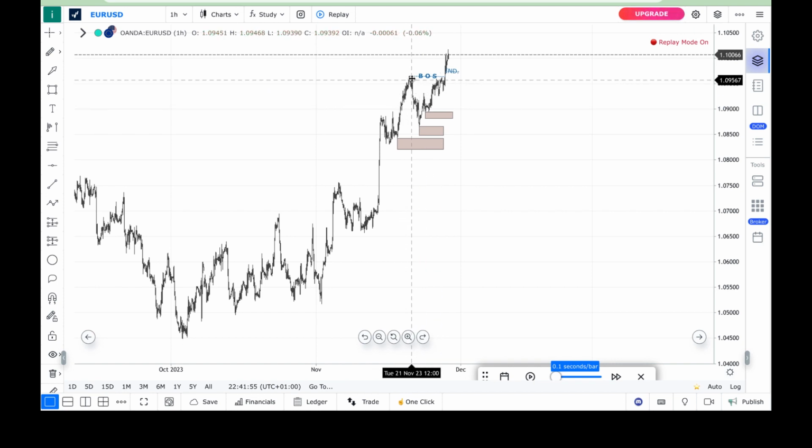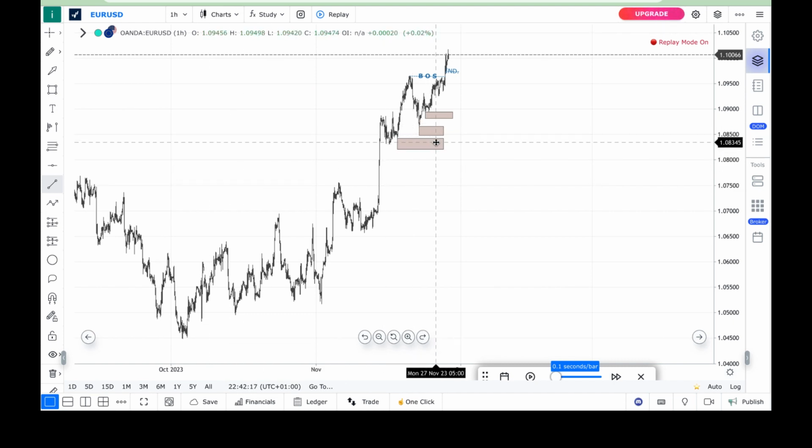It broke an external high. So once market breaks an external high, it needs to take an external liquidity. And now here our external liquidity is this pullback here.